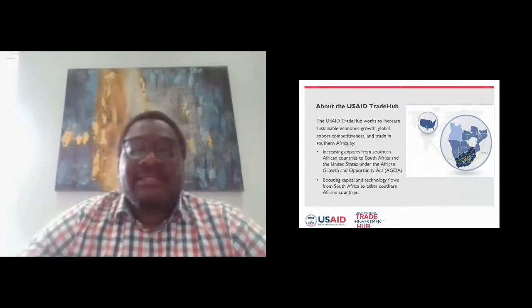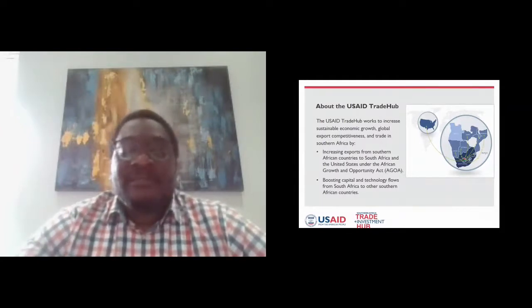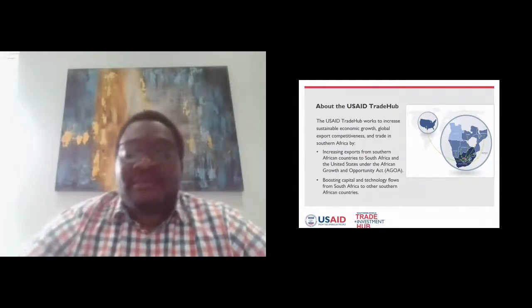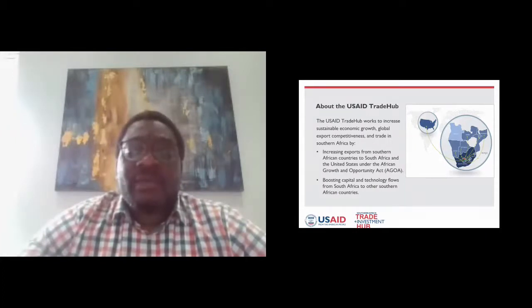And we do have a team in Zambia that works on that. So Zambia, in addition to the 3 objectives that I mentioned, also has that objective that our Zambia team works on. So that's what the hub does, and that's who we are.